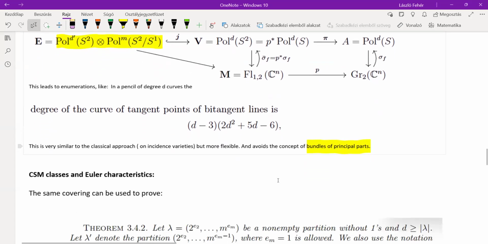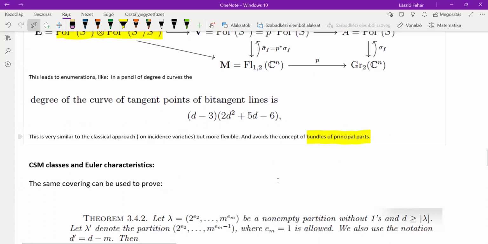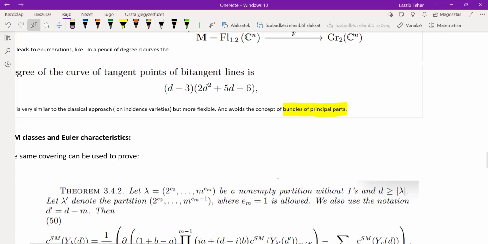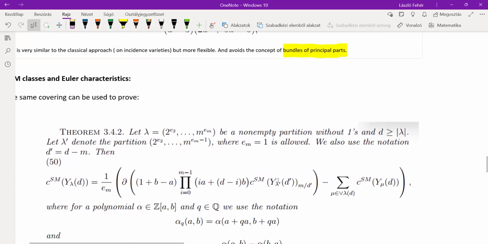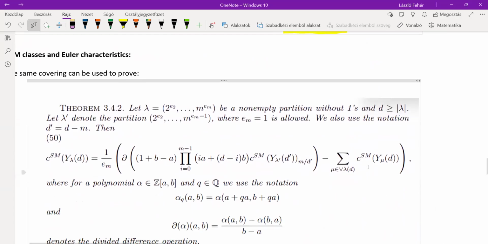Okay, so as I mentioned, this covering can be used to calculate CSM classes, and the corresponding theorem gets a little bit more complicated. It's a very similar formula, at least the first part is kind of similar.